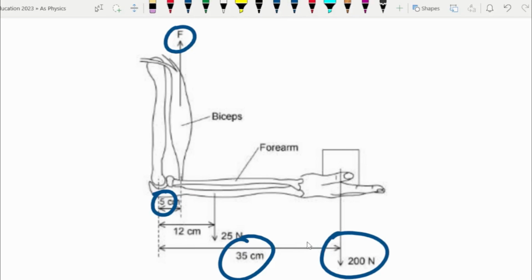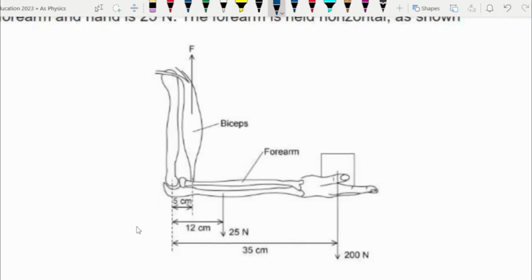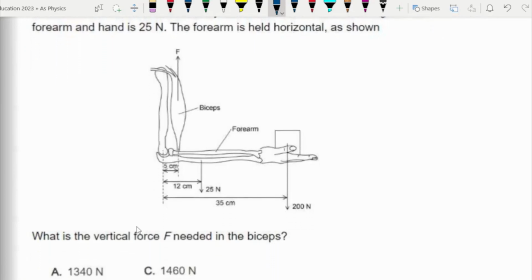And all the distances are perpendicular distances from the pivot. So all you have to do is add the clockwise moments on one side and the anti-clockwise moments on the other side and write them equal to each other. From that equation, you can find the value of F.